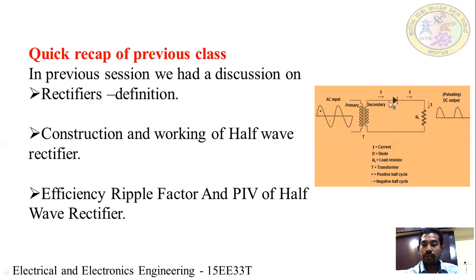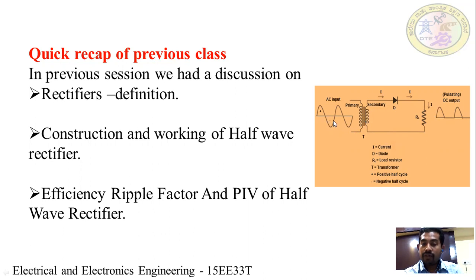The diode is under forward biased condition, so the current flows through the diode and also to the load and gives the positive half pulses in the output waveform. These are the positive half pulses which we obtain when the diode is under forward biased condition.